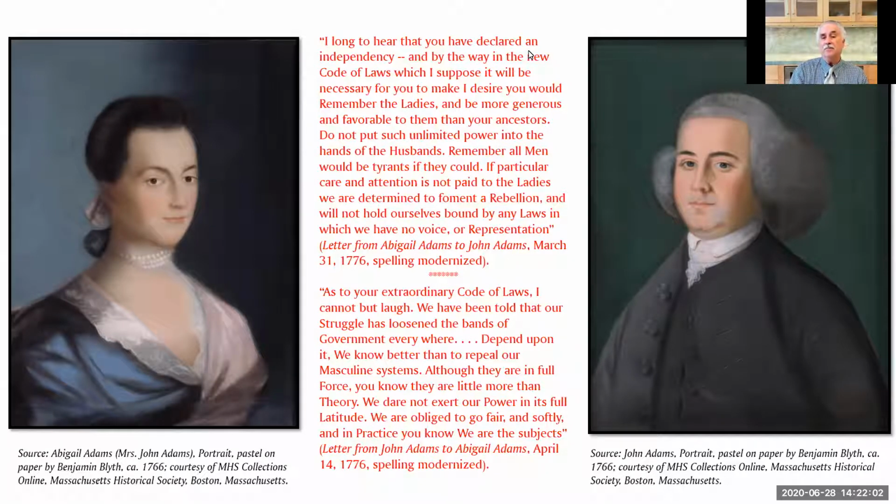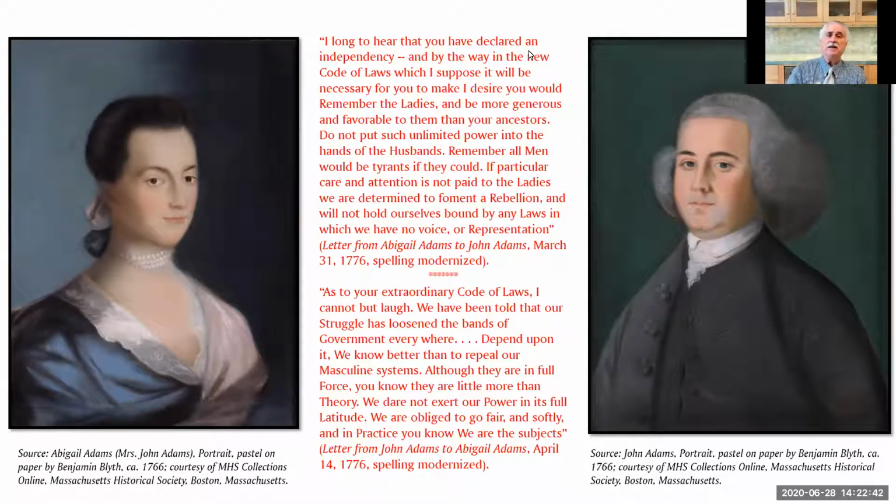And by the way, in the new code of laws, which I suppose it will be necessary for you to make, I desire you would remember the ladies and be more generous and favorable to them than your ancestors. Do not put such unlimited power into the hands of the husbands. Remember, all men would be tyrants if they could. If particular care and attention is not paid to the ladies, we are determined to foment a rebellion, and we will not hold ourselves bound by any laws in which we have no voice or representation."